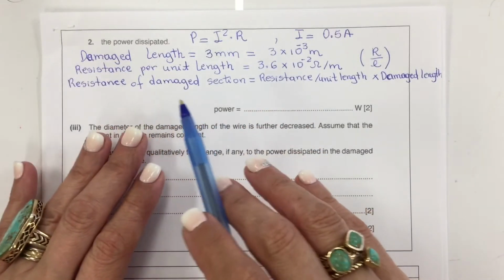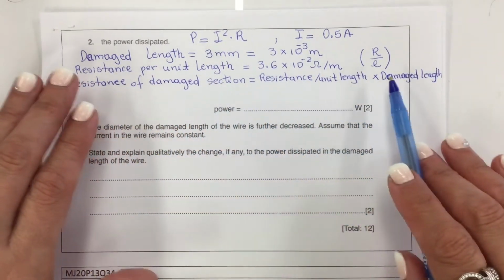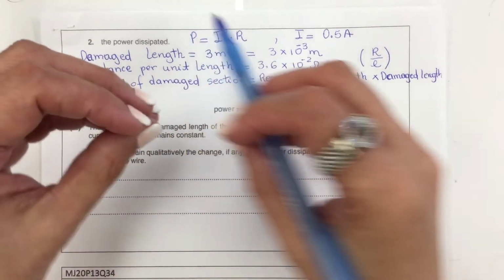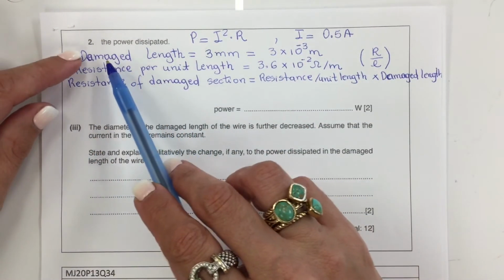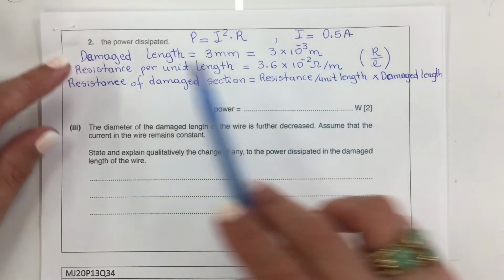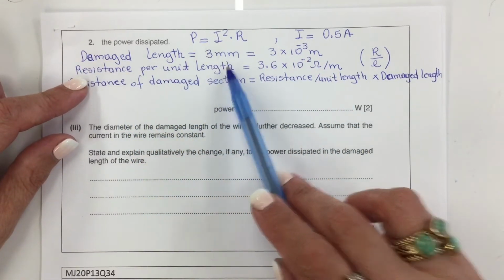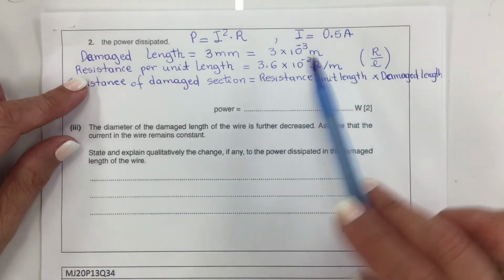So instead of having abbreviations for the formula format that I'm using here, I'm just going to describe everything so you can see better. So once I have the damaged length, which was provided in the problem, and the resistance per unit length that we calculated in the previous question.